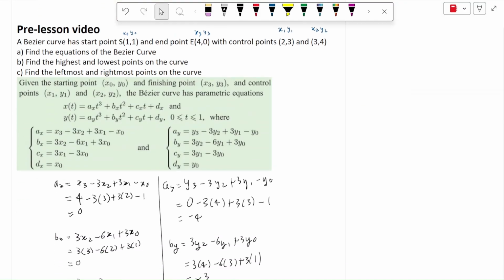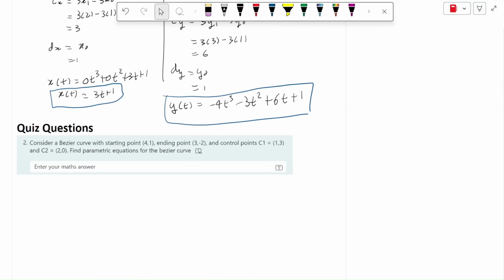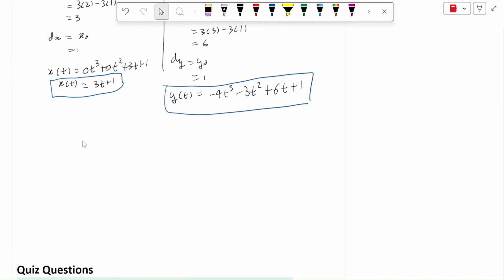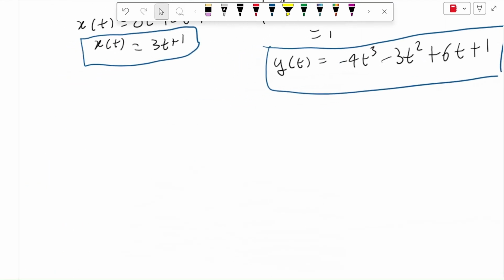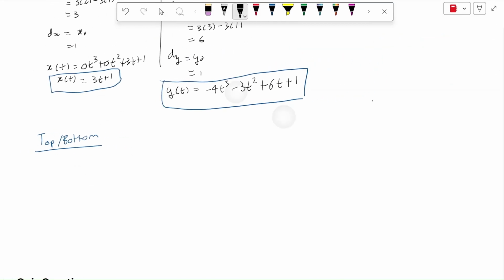Okay, next we need to find our leftmost points, rightmost points, and then our top and bottom points. So let's go the top and bottom points. Okay, so in any parametric curve, you're going to have a whole bunch of stuff there.